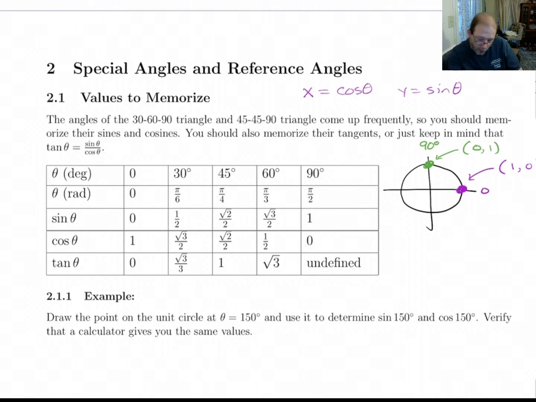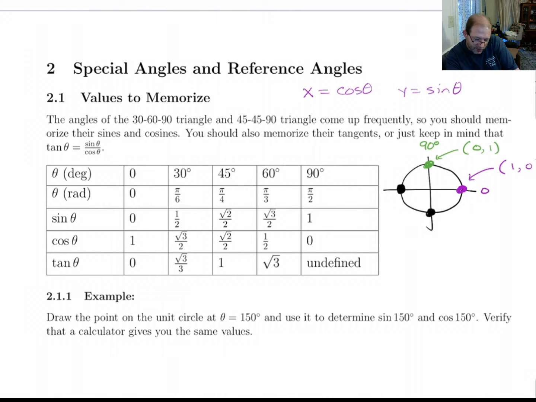Now, we could go and look at the other angles as well. We could use this to get the sine and cosine of 180 degrees or 270 degrees. These are called quadrantal angles, because they lie on the axes, the boundaries between the quadrants.